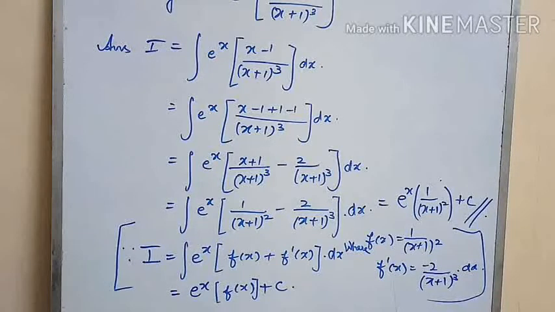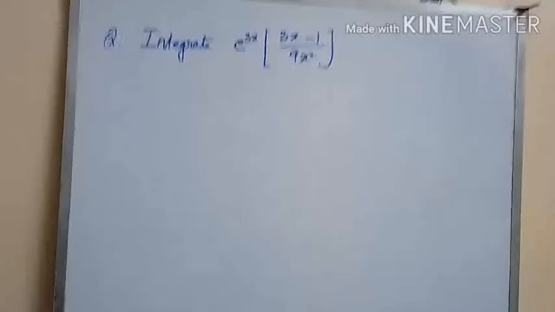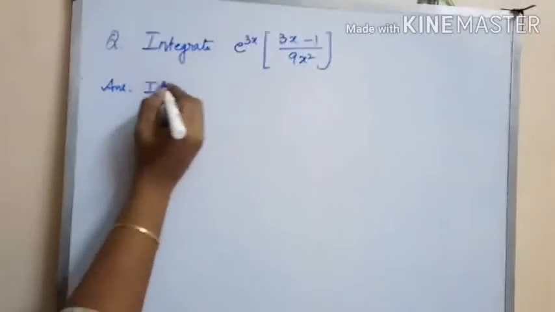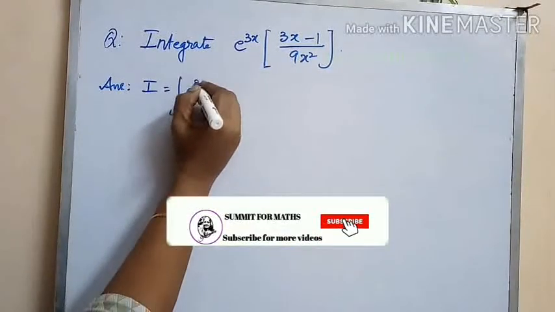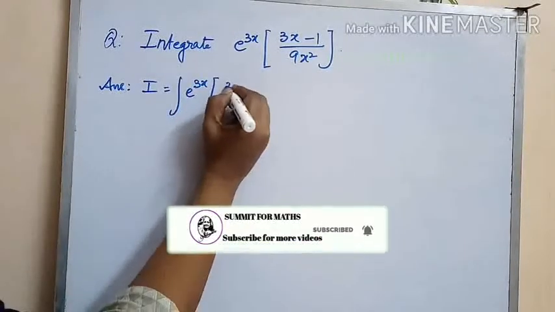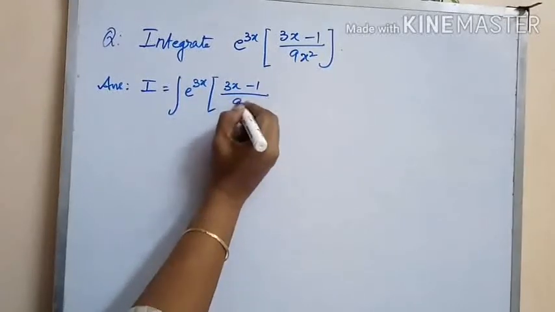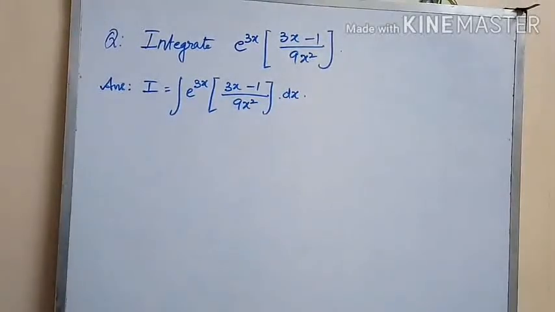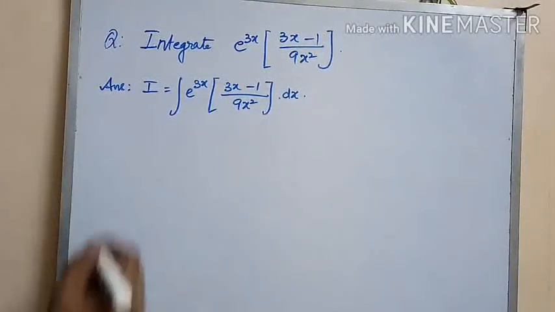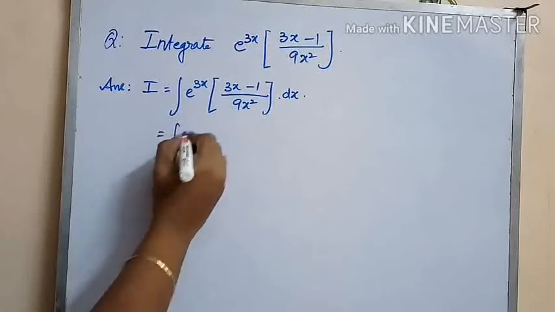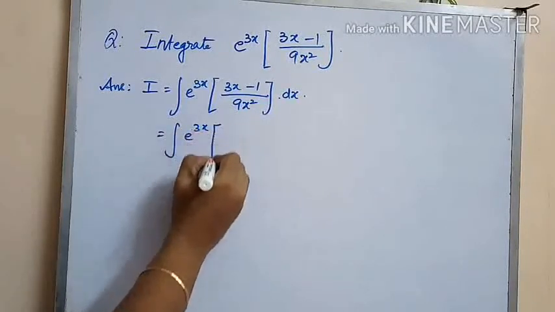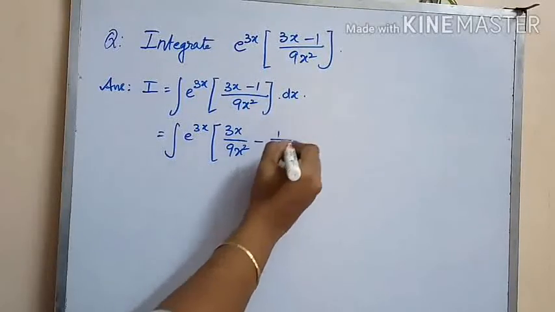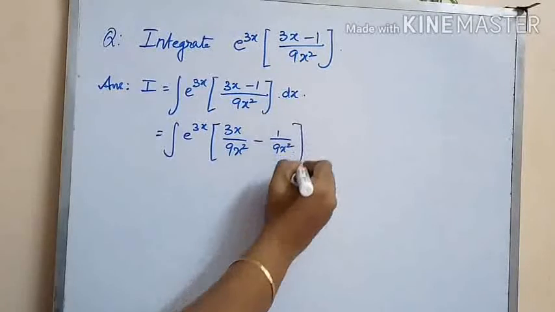Let us see one more problem for today's session: e to the power of 3x into 3x minus 1 by 9x squared. In the next step, let us write this as e to the power of 3x into 3x by 9x squared minus 1 by 9x squared into dx.